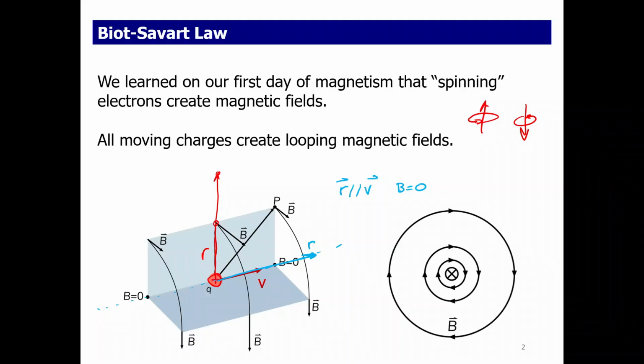So this is going to be based on another cross product. If r is perpendicular to v, then our magnetic field is going to be at a maximum. If you're at some angle between parallel and perpendicular, then it's going to be weaker. It's going to be somewhere between 0 and whatever that maximum value is.